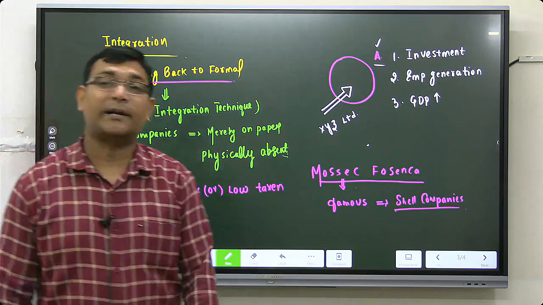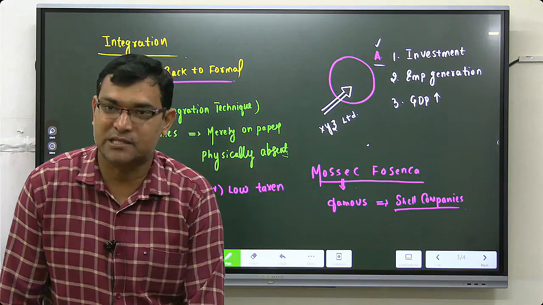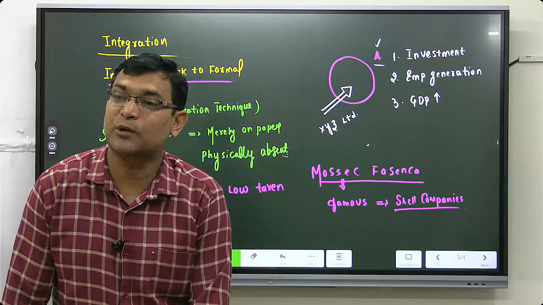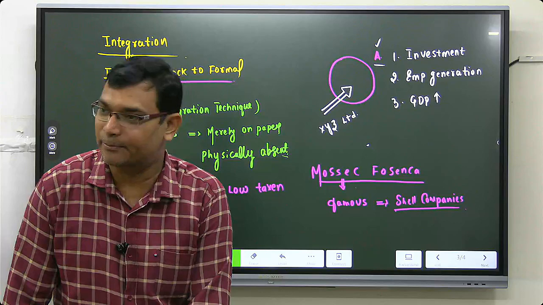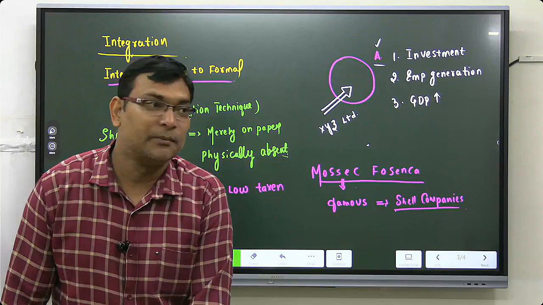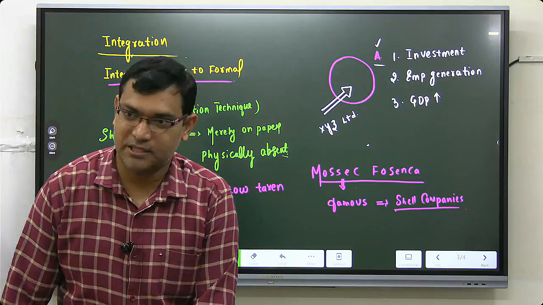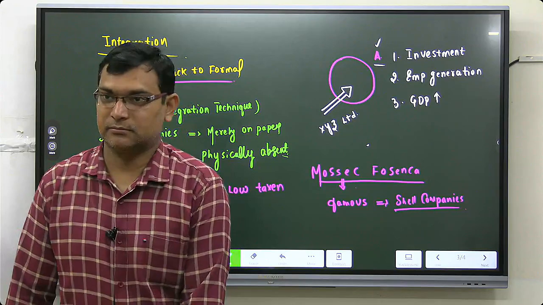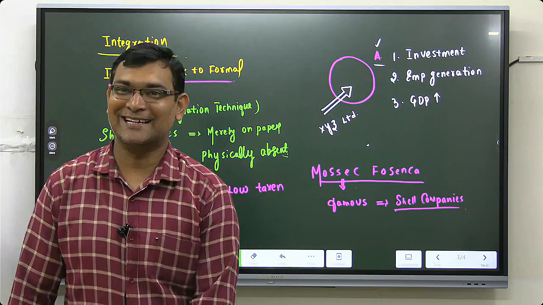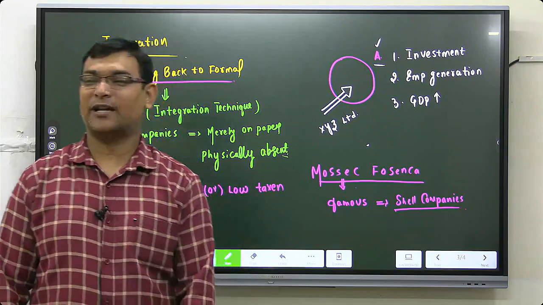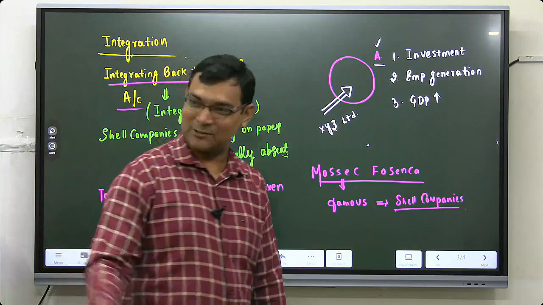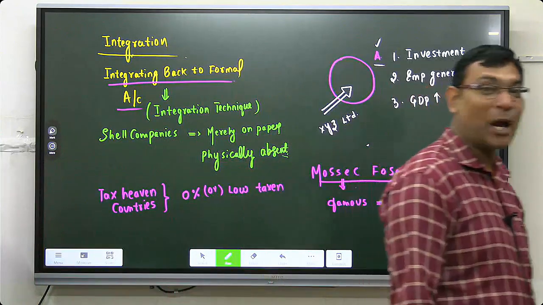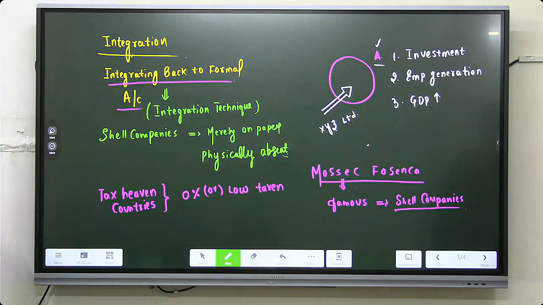Recently they have released the names of those persons who have shell companies in their names. In that, Russian president Putin is there, plus Aishwarya Rai Bachchan, Amitabh Bachchan, Abhishek Bachchan, all these persons have shell companies in their names.